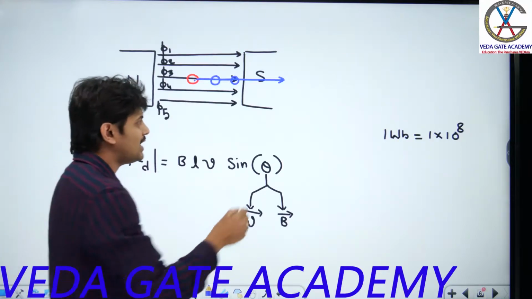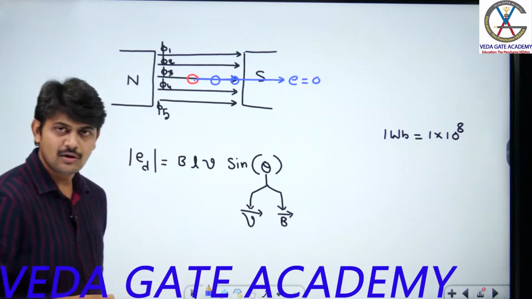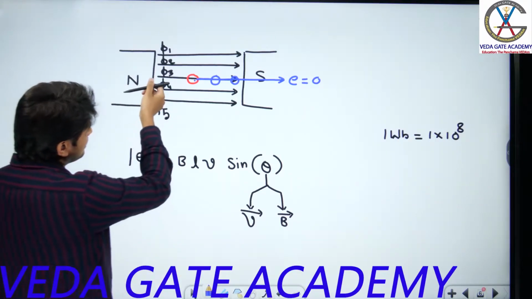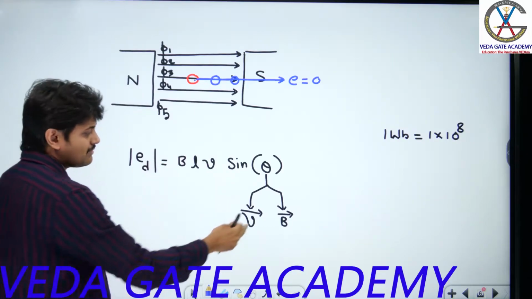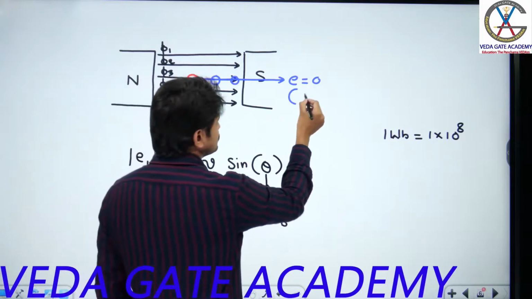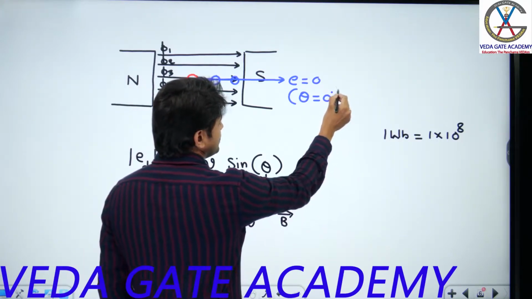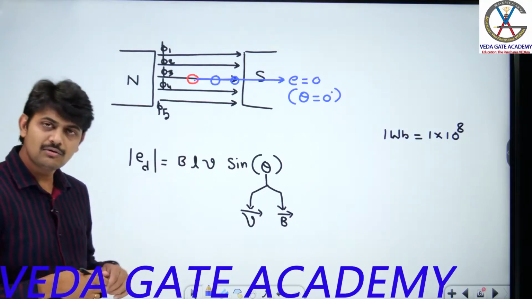No. So can you tell me how much dynamically induced EMF will be produced in this direction? 0. If you observe here, the angle between the movement of the conductor and the flux lines in this example is 0. So theta equals 0 degrees. So how much EMF will be produced? The magnitude of induced EMF equals 0.